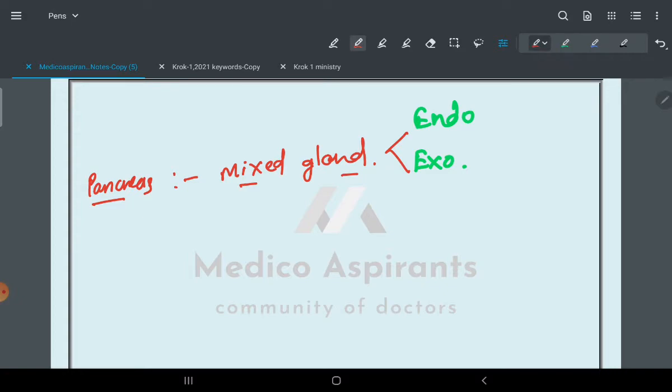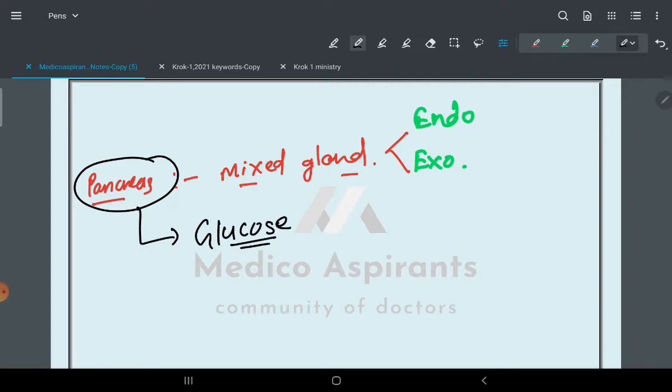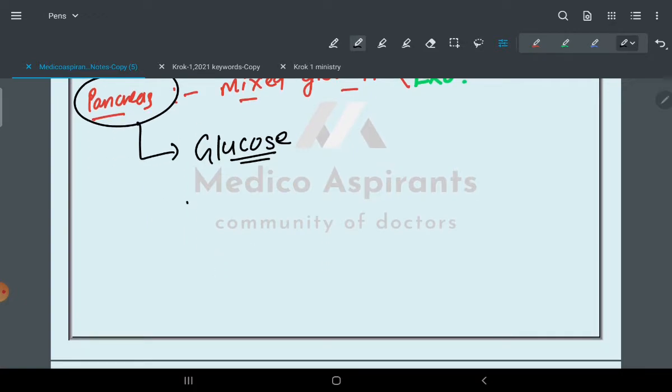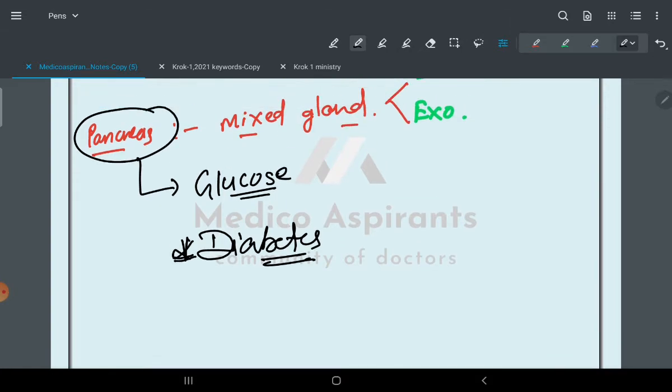Also, the pancreas is a very important gland for the regulation of a very important thing in our body, that is glucose. Most of the time the person suffers from diabetes, so this is the major function.